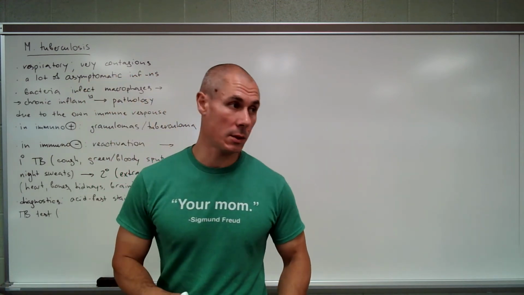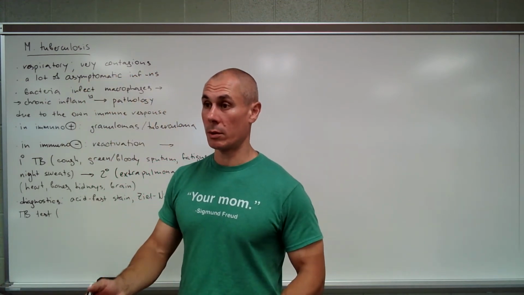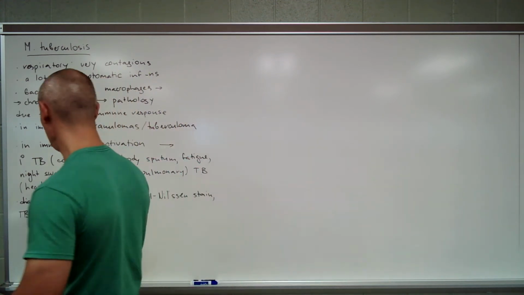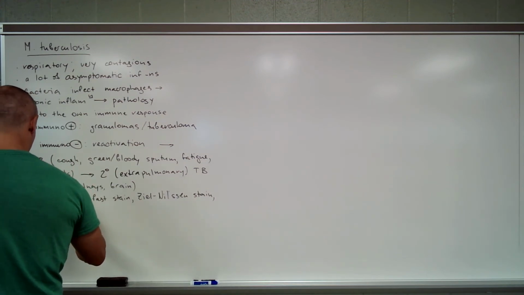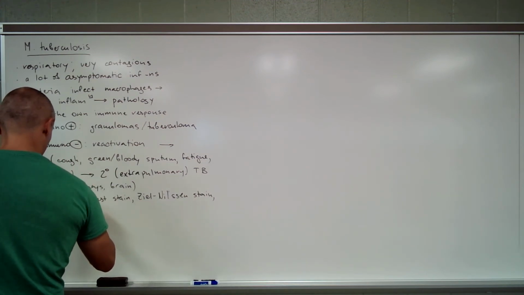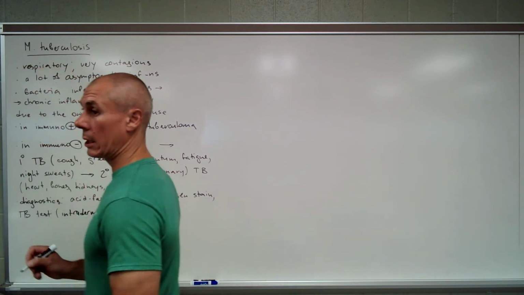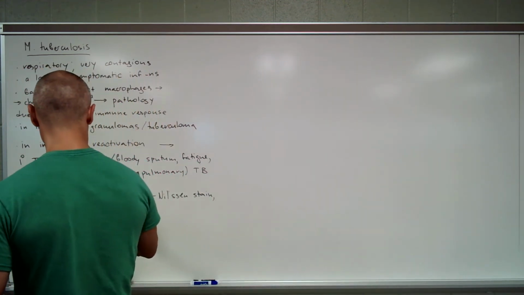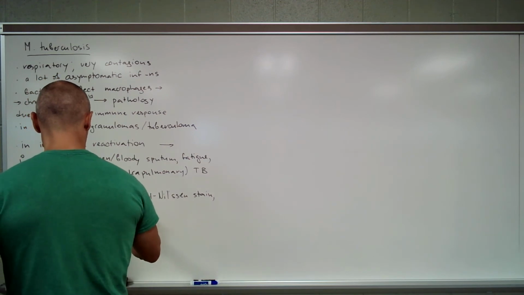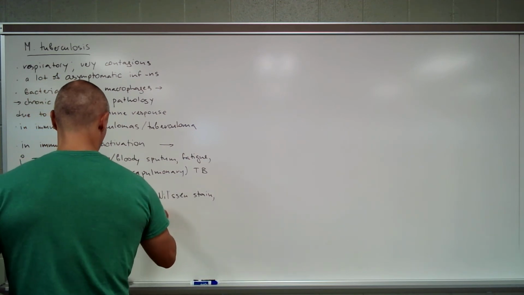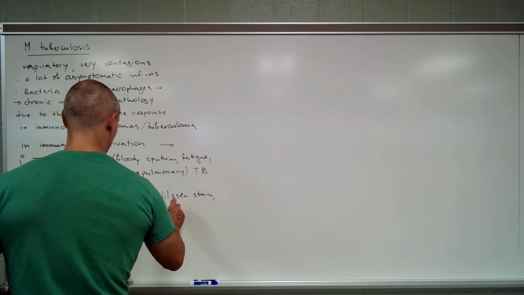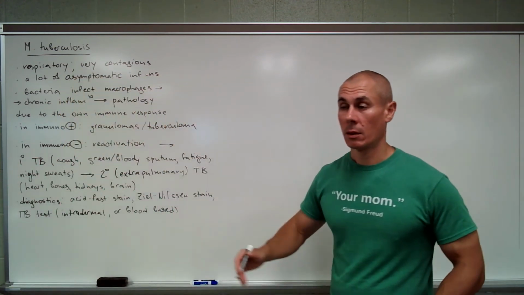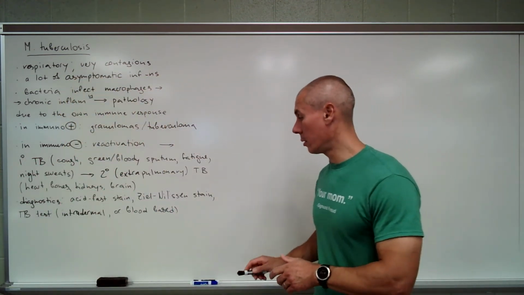You can do the TB test two ways. One, traditional intradermal inoculation, or you can collect blood and do the analysis for the TB antigen. This one, the blood-based, is more modern and more reliable.